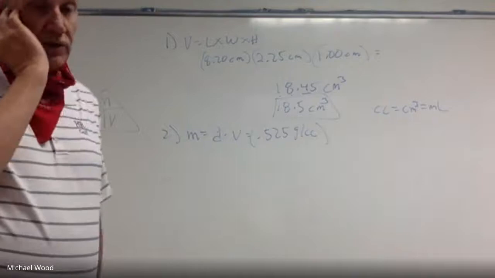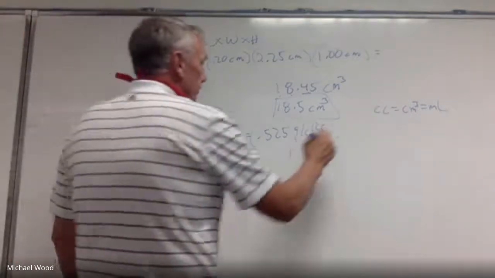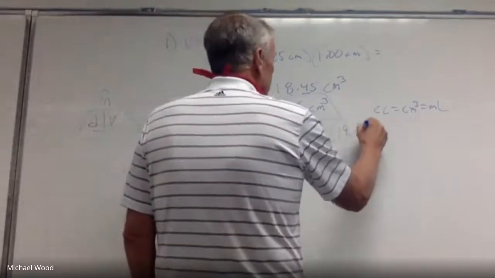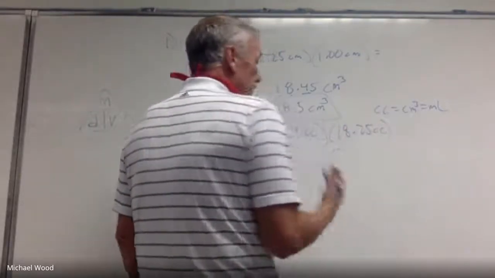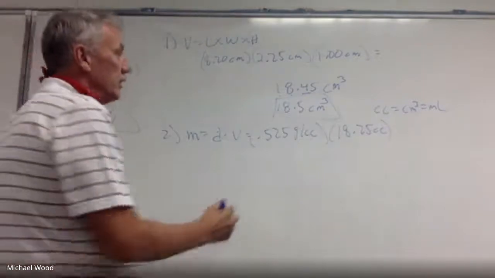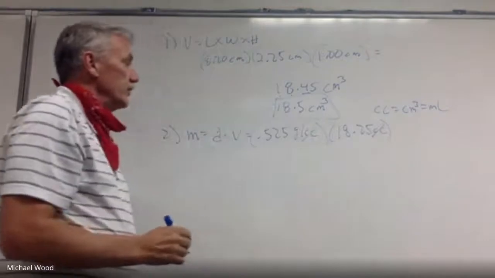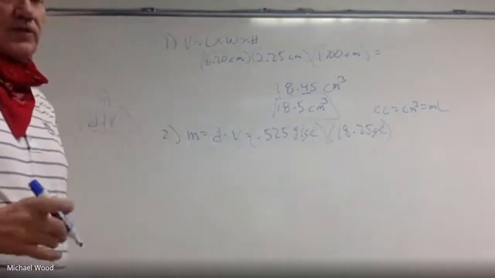Okay, and then the volume is 18.25 cc's. So again, I'm going to talk to you about the units. So what unit cancels out here? Well, what cancels out are cc's, and I'm left in grams. Okay, so watch your sig figs there.